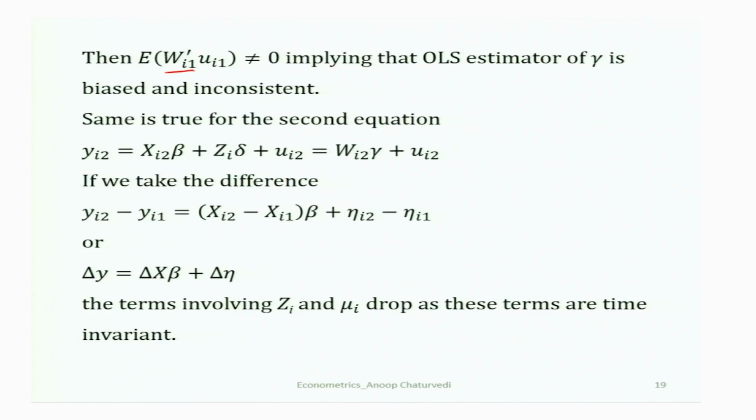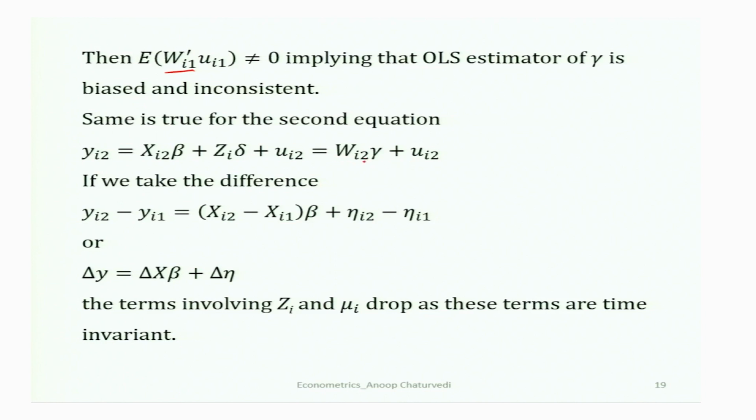So, if you apply OLS to the first equation for estimating gamma, then the OLS estimator is biased as well as inconsistent. And then if you consider the second equation, say y I 2 equal to x I 2 beta plus z I delta plus u I 2, and then you write it equal to w I 2 gamma plus u I 2, then the same problem you have with the second equation also.